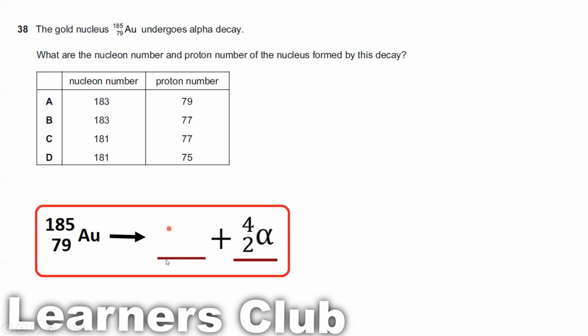So in order to get the daughter nucleus, you will subtract 4 from your nucleon number 185, and 2 from your proton number 79. The final answer is 181 and 77. So the answer is nucleon number 181, proton number 77. The answer to this question is option C.